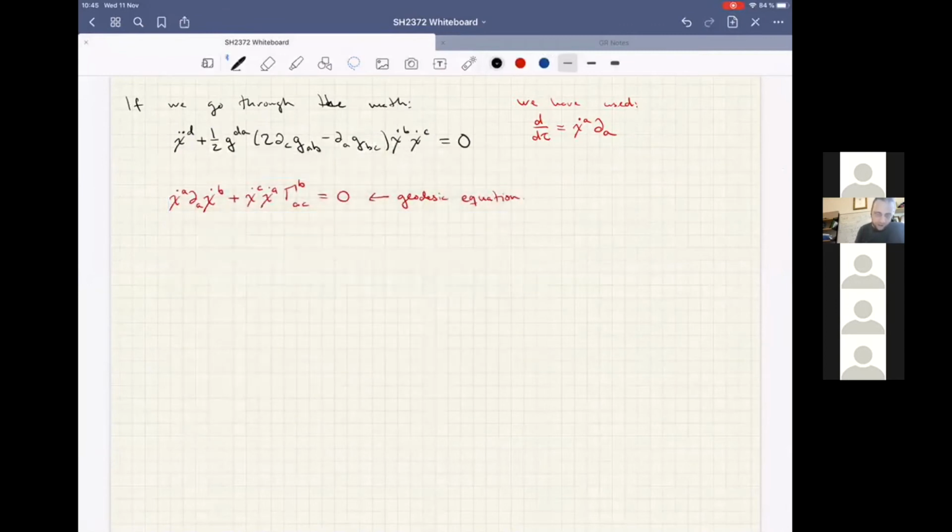So if we compare now this equation that we got from searching for the extrema of the curve length to the geodesic equation, which we found by requiring that the tangent vector of the curve should be constant at all times, you see that it has exactly the same structure as we discussed also.